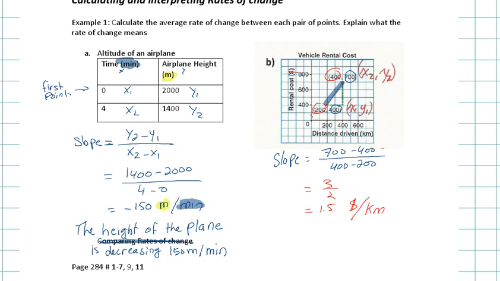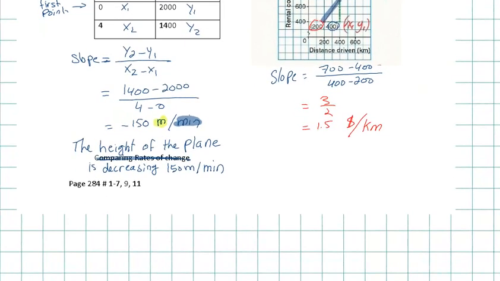Your answer should always make sense. Ask yourself, does it? So the cost increases, and it increases because the rate is positive. $1.50 per kilometer.